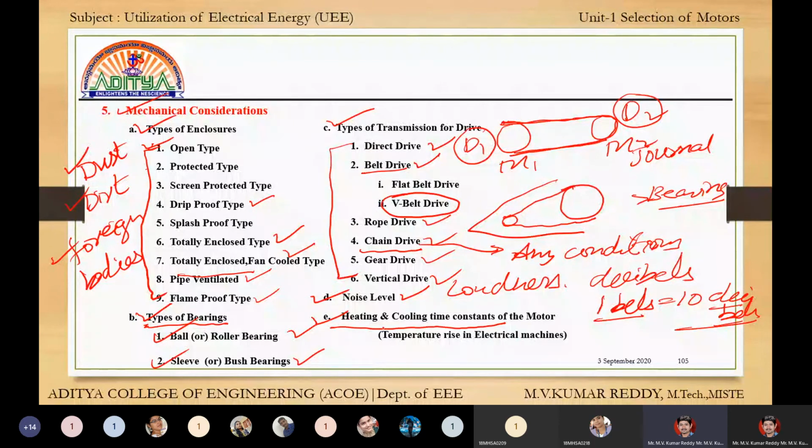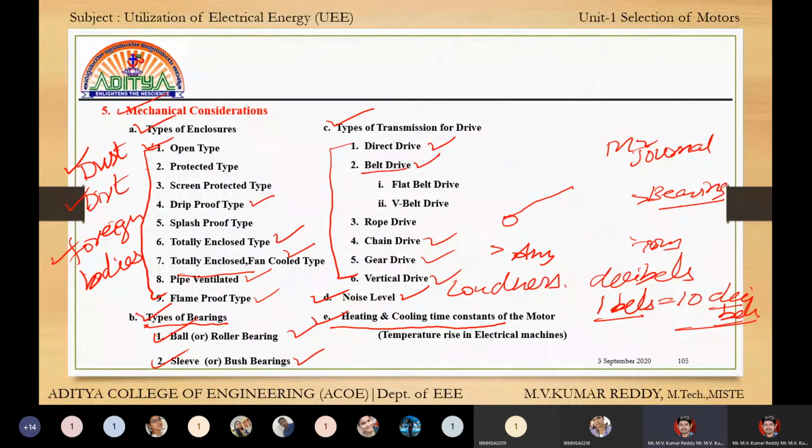Next one is heating and cooling time constant. This is the second important topic in this chapter.